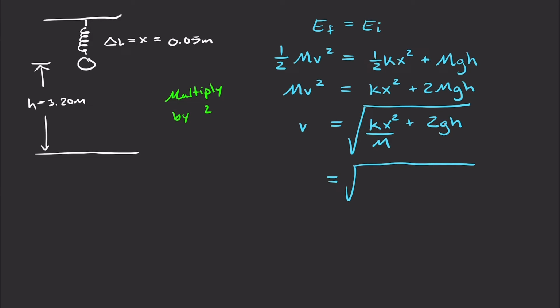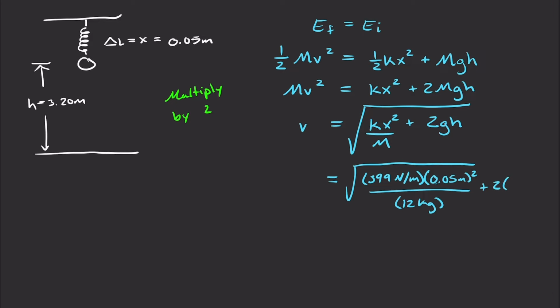And then we were given our spring constant, so it was 399 newtons per meter. Our displacement for our spring is 0.05 meters. That needs to be squared, divided by the mass. That was also given. It's 12 kilograms.